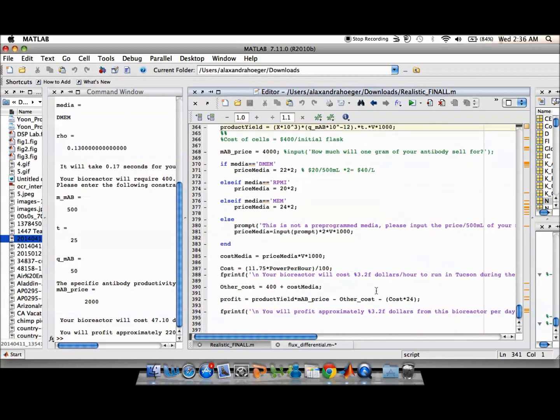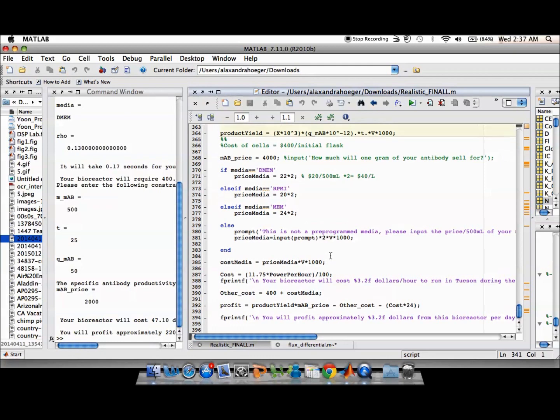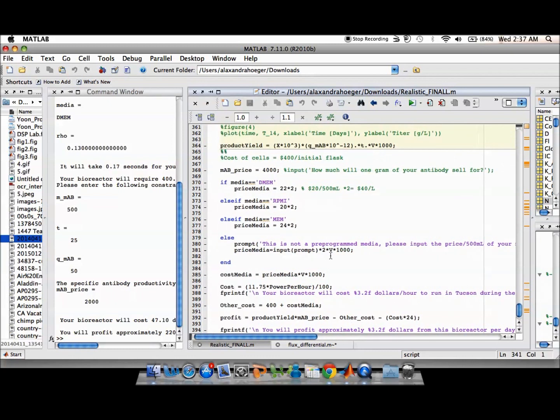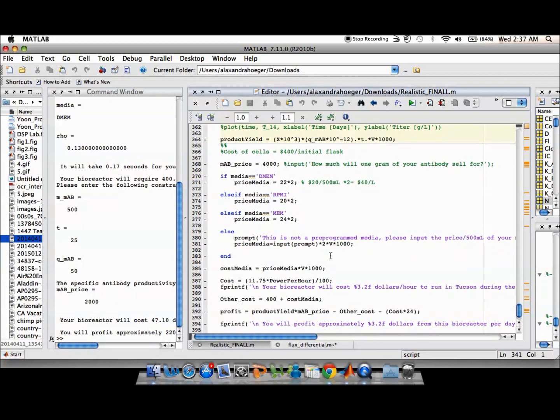And we have a simple calculation for a very rough estimate of how much it costs to power the bioreactor, the media cost for maintaining the culture, as well as the cost for the initial flask of cells.